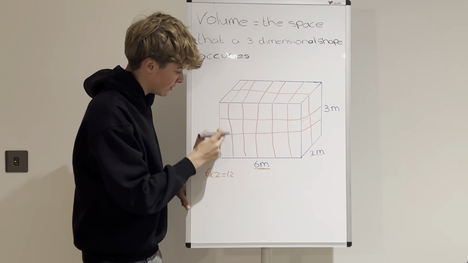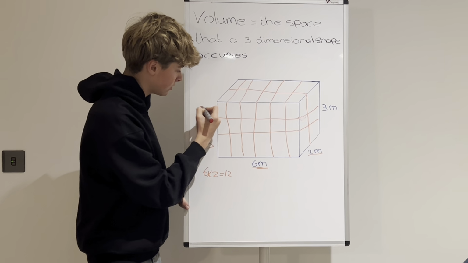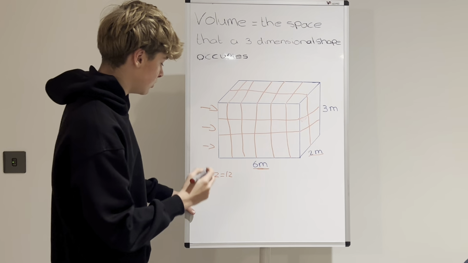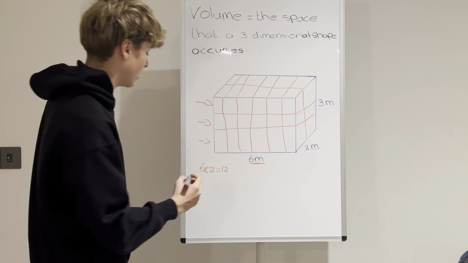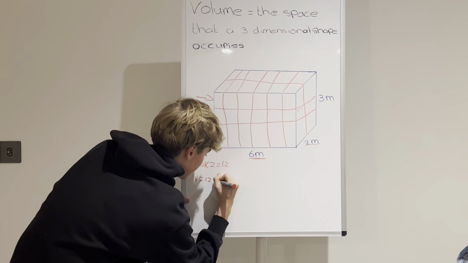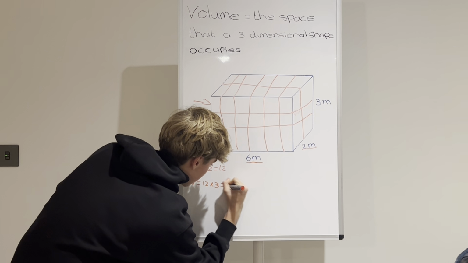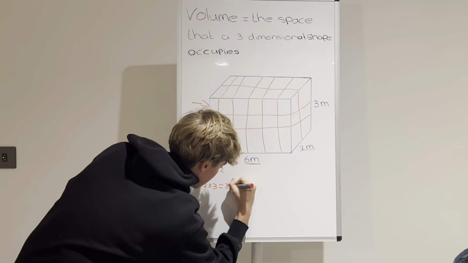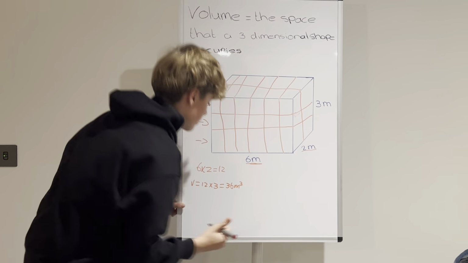And then since we have 3 of those layers, to find the total volume of the prism, you have to do 12 times 3 equals 36 cubic meters.